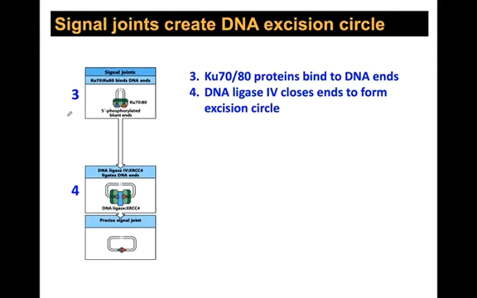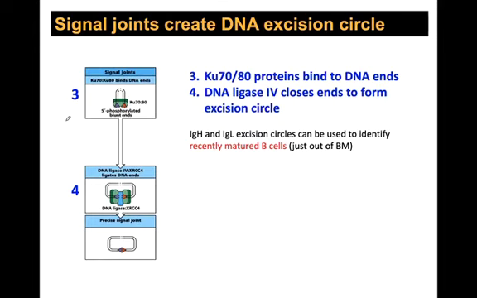And so what happens is the Ku70/80 proteins bring the ends together, and a DNA ligase comes in and seals the break. And so what you end up with is an excision circle. Okay, so it's similar to plasmid DNA, where you just have a circle of DNA. It's in the cytoplasm, and eventually nucleases come and degrade it.